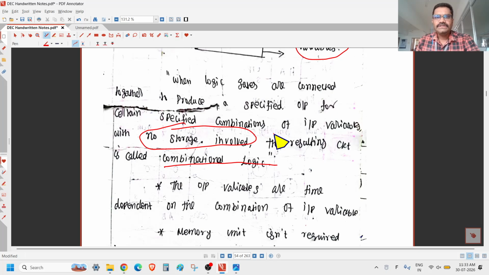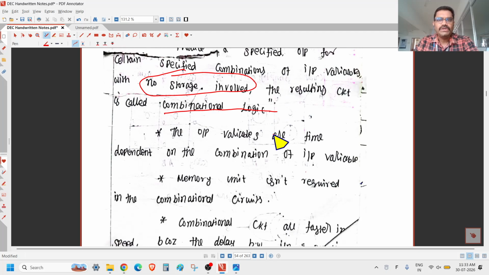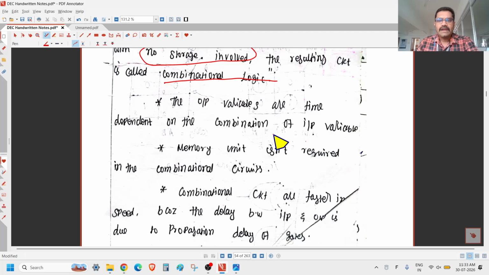The next major point is that the output variables depend on the input variables. That means the output depends only on the present inputs, not on the previous inputs. Since it doesn't have a memory unit, the output depends only on the present inputs.